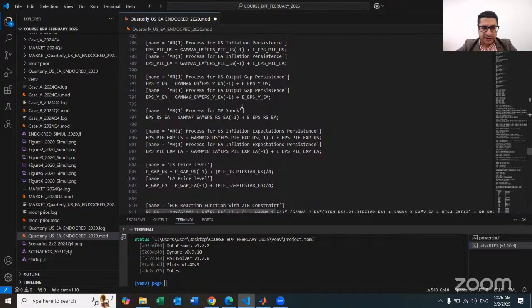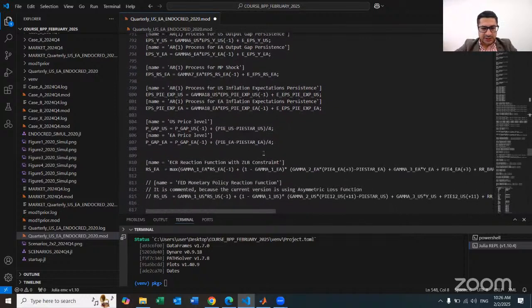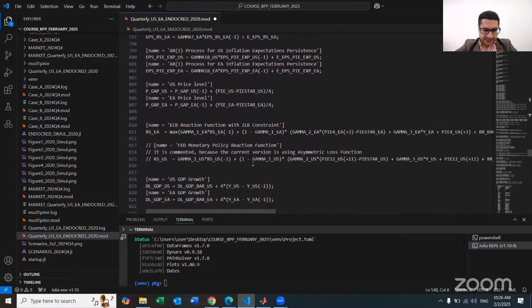Again, there are some persistencies of the shocks, which are represented by simple autoregressive processes, and then here again, the new notation in Dynare, when we are looking at the reaction function of the ECB, we write it in a way to have the ZLB constraint.